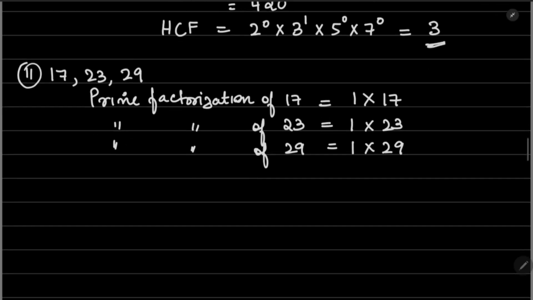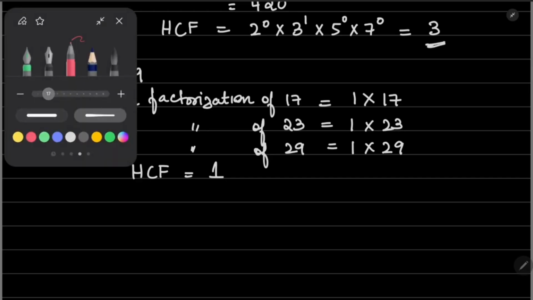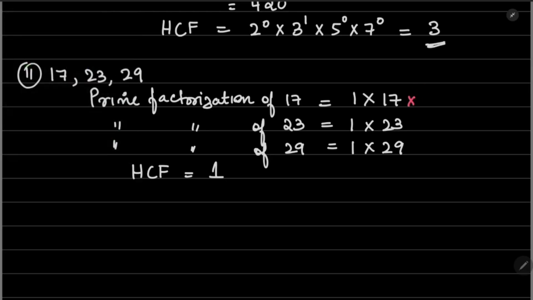So what is the HCF? For every common factor, you have to take the lowest power, right? So it is nothing but 1. Everywhere else, we can write 23 raised to the power 0 and 29 raised to the power 0. Here I can write 17 raised to the power 0 and 29 raised to the power 0, and here 17 raised to the power 0 and 23 raised to the power 0.